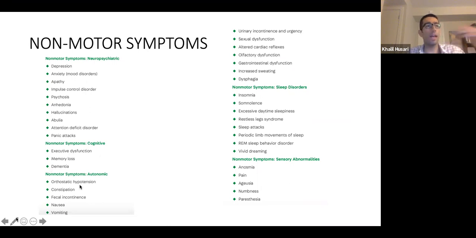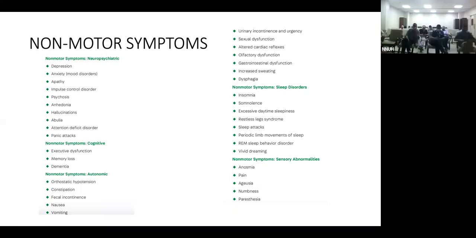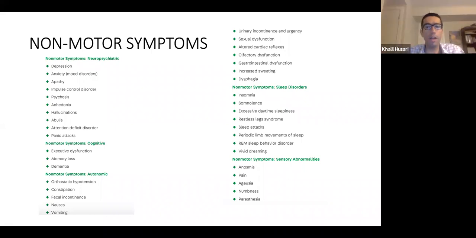We have orthostatic hypotension, constipation, nausea, vomiting, fecal incontinence, urinary incontinence, sexual dysfunction, olfactory dysfunction, dysphagia, sleep problems as well, for example, REM sleep behavior disorder, periodic limb movement of sleep, pain all over, anosmia, numbness, and paresthesias.